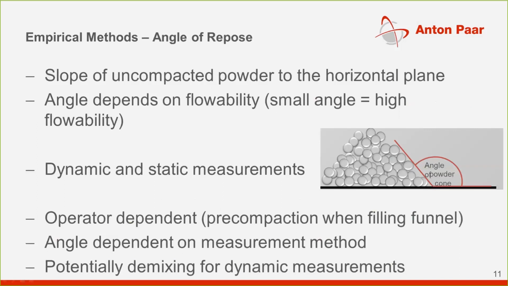If the angle is small, this means the powder flows well. If the angle is large, this means the powder does not flow well. There are different ways of measuring this. There are dynamic and static measurements, which we'll see on the next few slides. Basically, in static measurements, the powder is at rest. In dynamic measurements, the powder is flowing and the angle is measured while the powder is flowing.